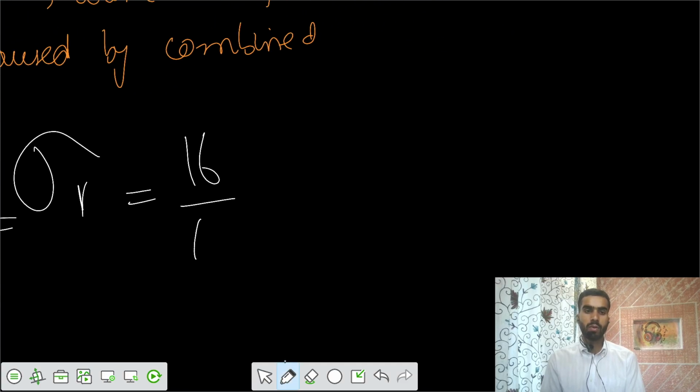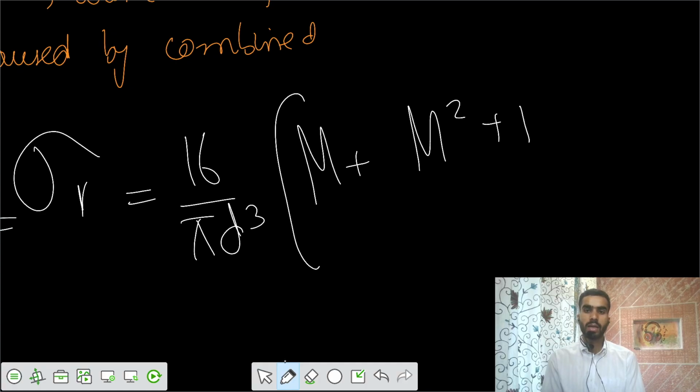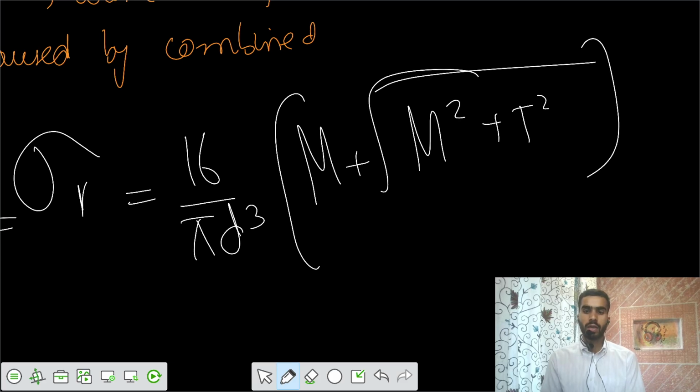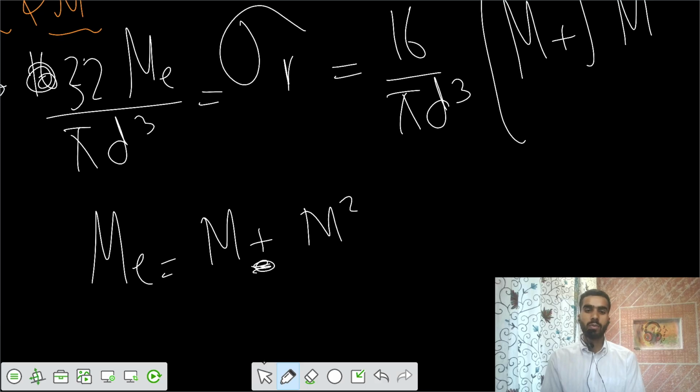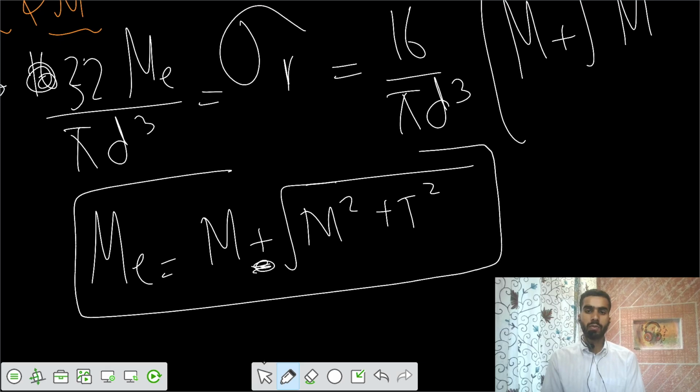We know that sigma 1 equals 16 by pi d cube times M plus the root of M squared plus T squared. So the equivalent moment you can apply equals M plus the root of M squared plus T squared, because we are talking about the major principal stress. So this is your equation.